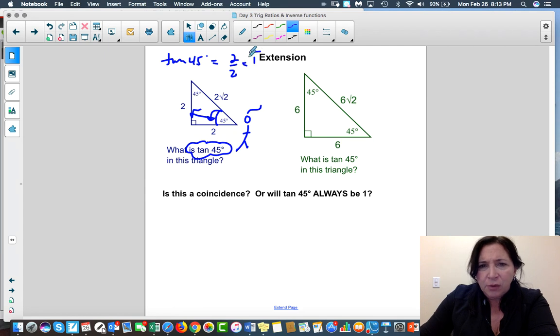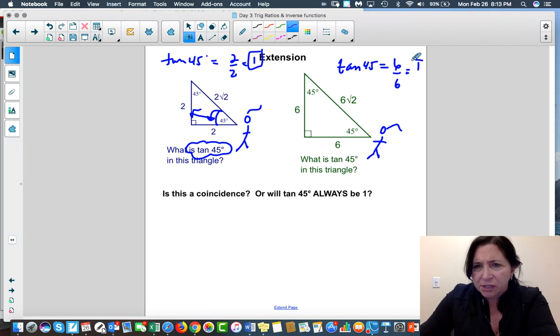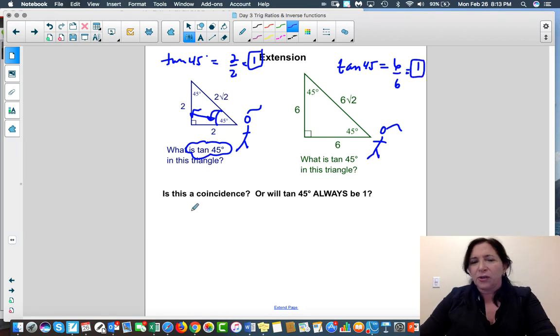So that equals 1. Tangent of 45. So here we are on this triangle here. Tangent of 45, opposite over adjacent, so tangent of 45 is equal to 6 over 6, which again is 1. So what do you think? Coincidence? No. It's always going to be 1.